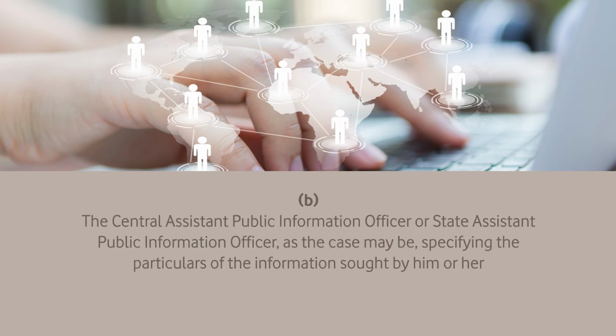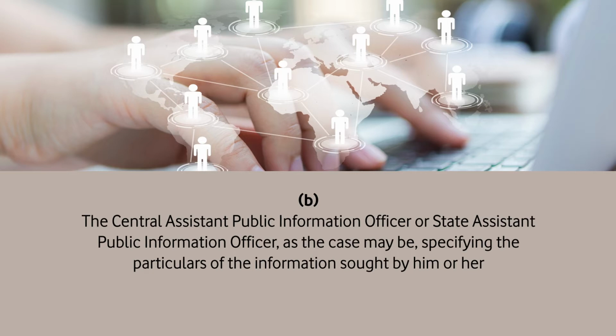So, that has to be in the concerned department only. And there is also a provision that if you are unaware about that and your application goes to the wrong place, then the PIO is duty bound to send it under intimation to you at the right place for getting that information.